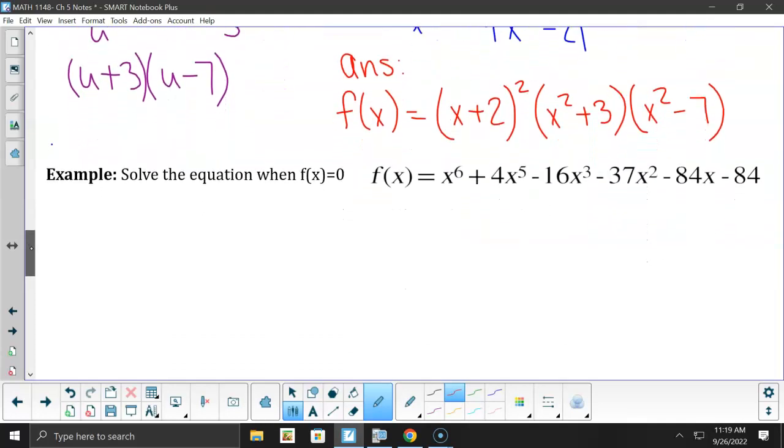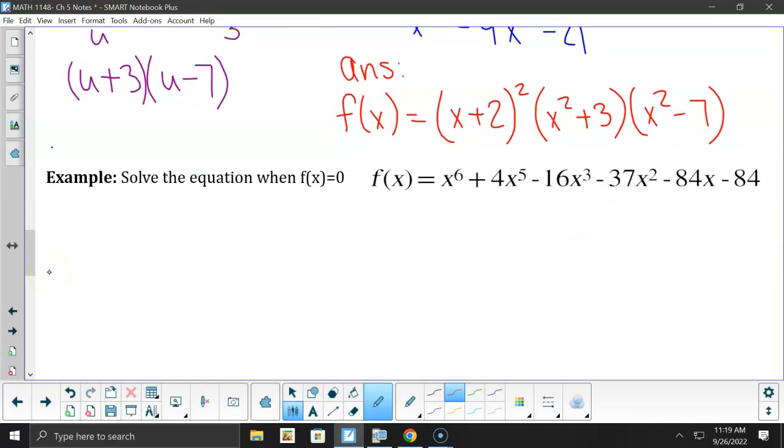Alright, so for this next one, we actually need to go through and solve it. But notice it's the exact same equation that we just worked with. Okay? So let's write this out real quick, and then we'll write in our factored form. Because let's be honest, if we've already done the work once, why do it a second time?